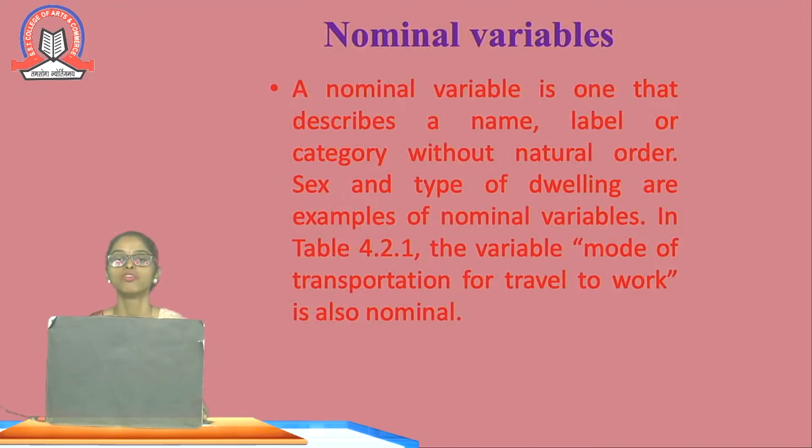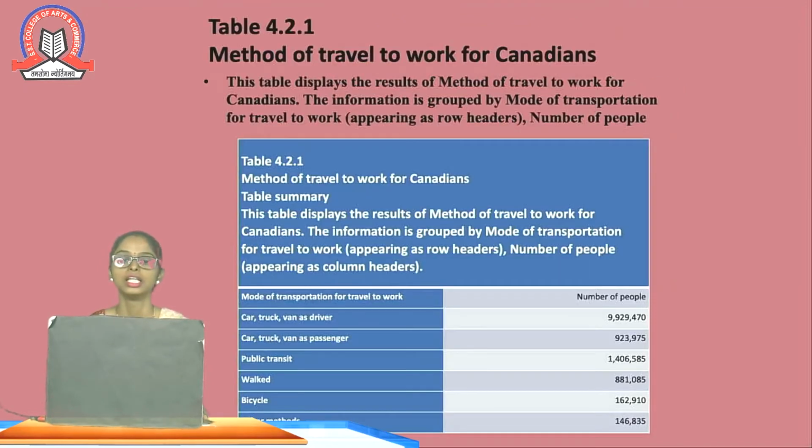In table 4.2.1, the variable mode of transportation for travel to work also belongs to the nominal variable type. This is table 4.2.1. In this table, we discuss methods of travel to work for Canadians. This table displays the result of method of travel to work.